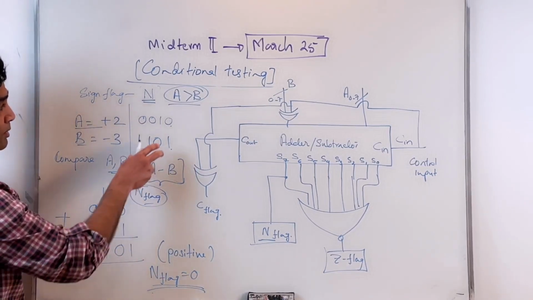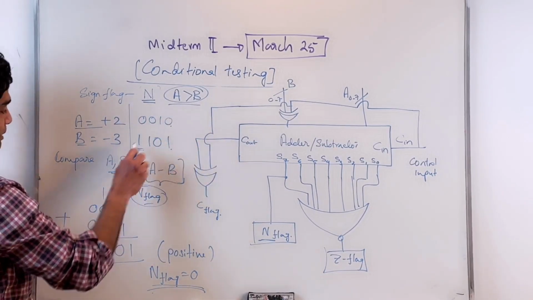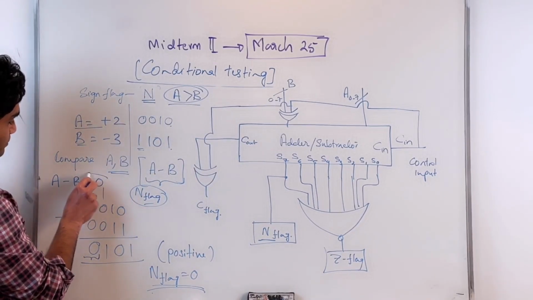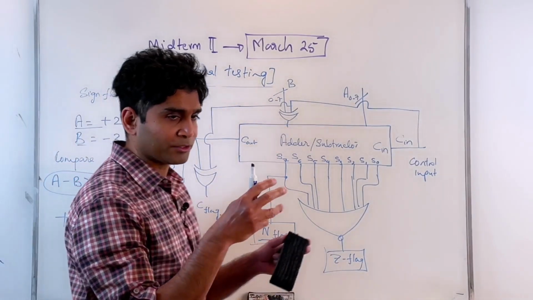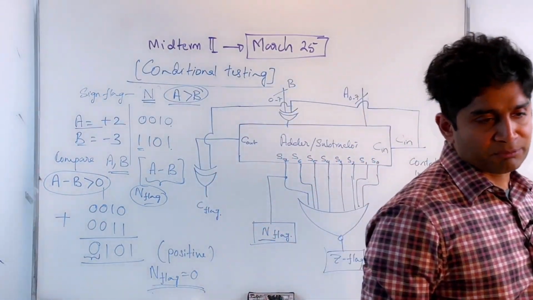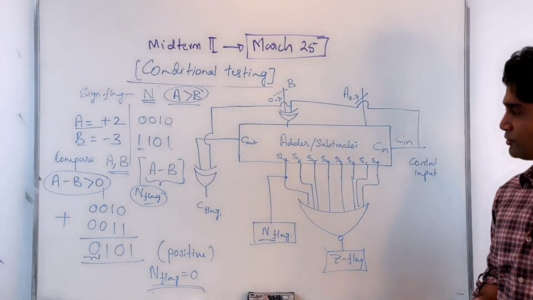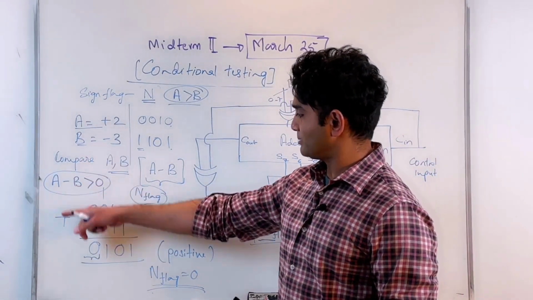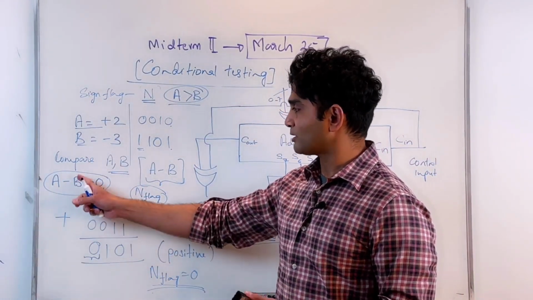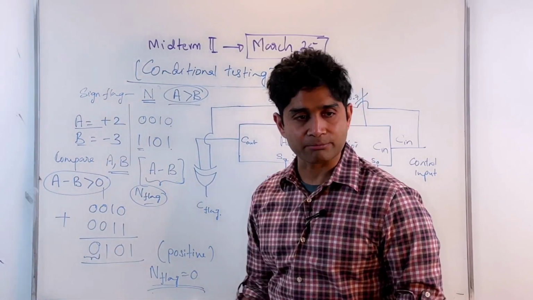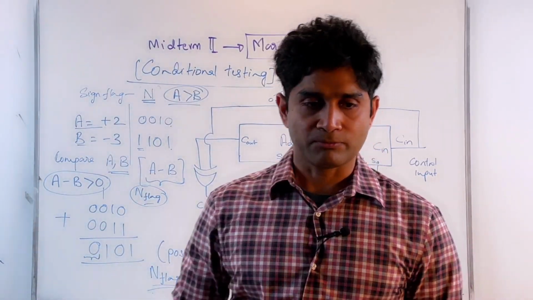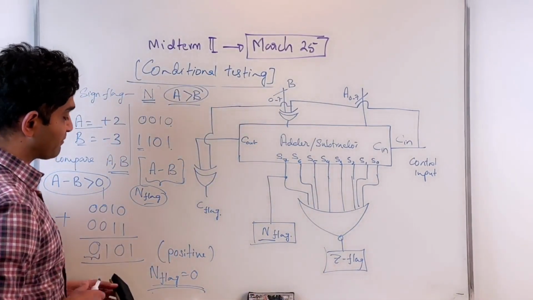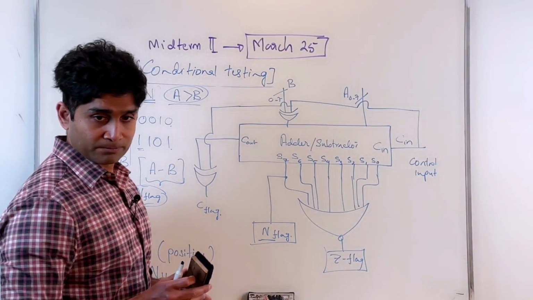That means the A minus B operation gave me a value larger than 0, which makes sense. If A is larger than B, A minus B should give me a value larger than 0, and this is exactly what happened here. To know that it's larger than 0, I just look at the most significant bit, which is 0, which is positive. So I'm done. I can use my N flag to make the decision.